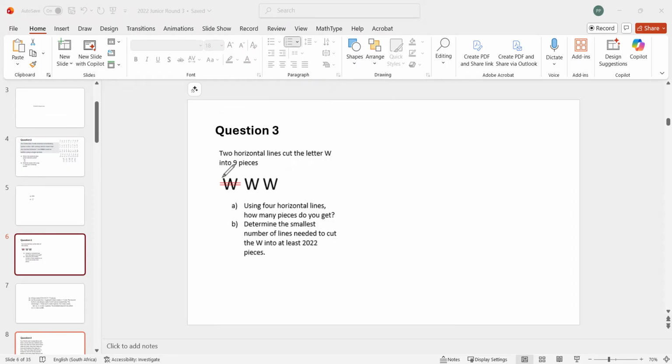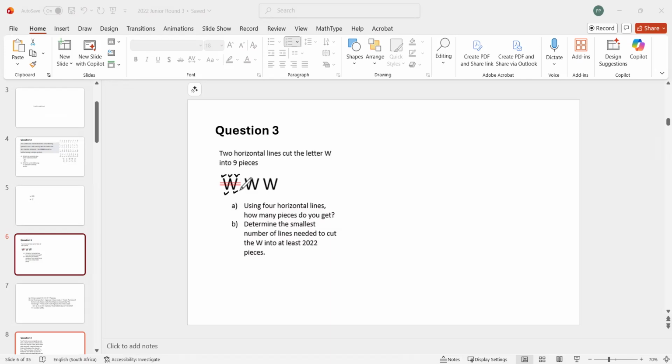Okay, this top one is cut out, and here you got the upside down V. That's another piece, and here you got that vertical line up there. At the bottom, you've got this piece here. This is a V, right? It falls off once you draw the lines. It cuts it.